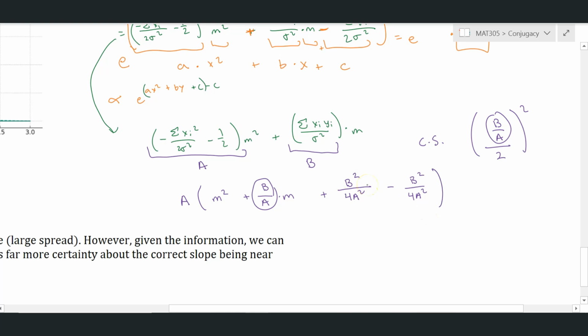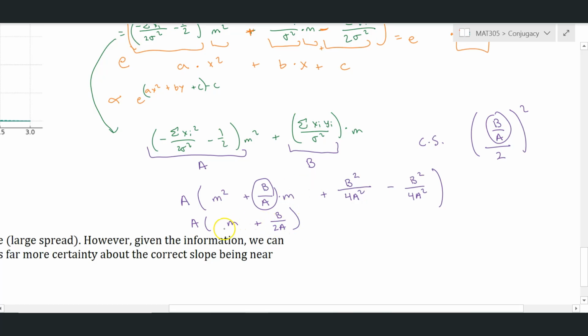These 2 will still add up to 0, but what this will give me is a times m plus b over, just what's here in the parentheses, which will be b over 2a.